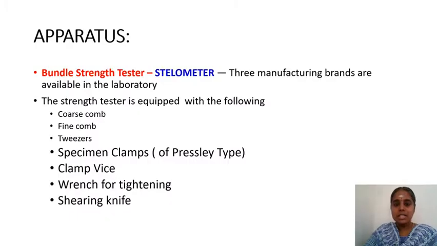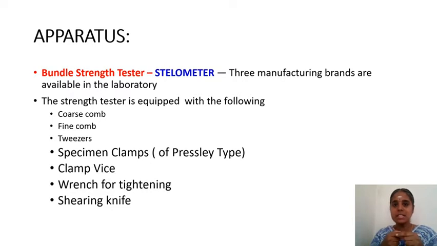The other accessories are specimen clamps. The specimen clamps are common for the Priestley tester. It is actually manufactured for the Priestley tester, and the same clamp is used in the Stelometer instrument also. This clamp may have an insert in between.